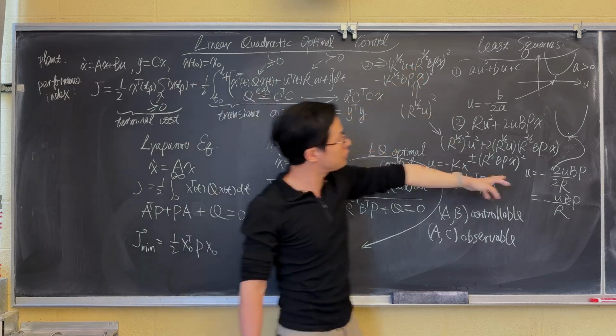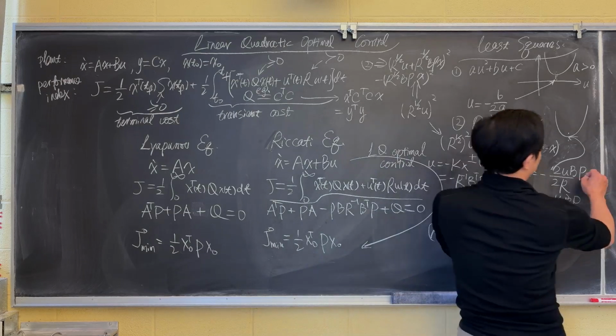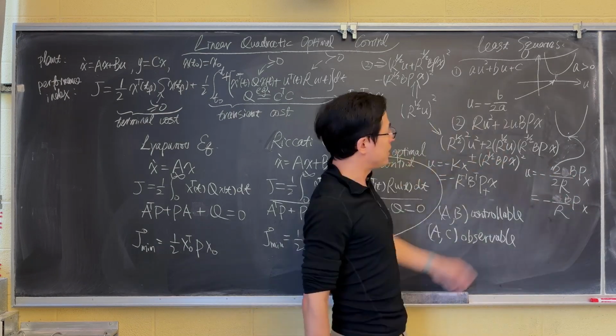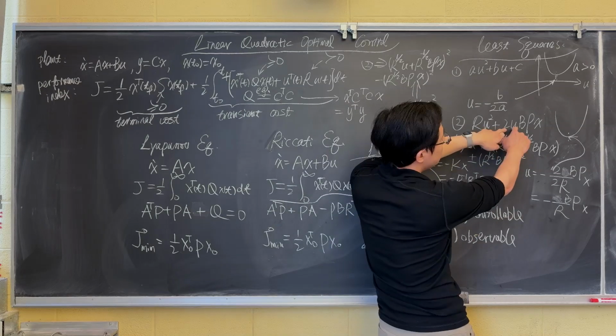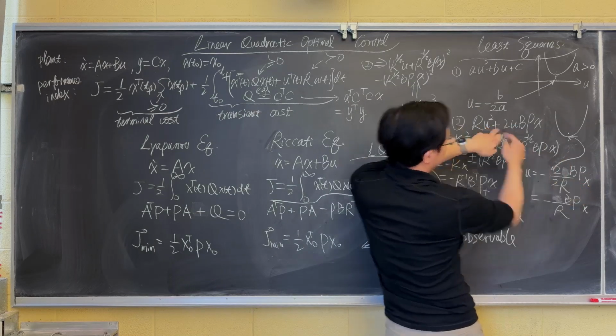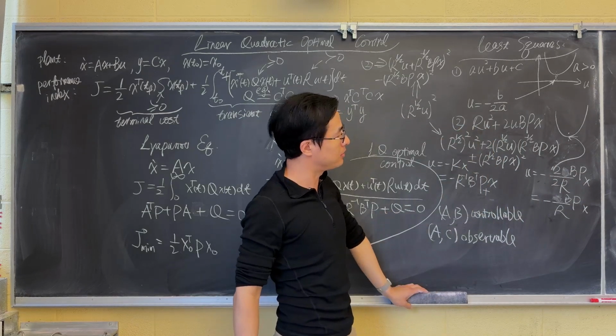So if you choose U to be this, then there will be an X over here. Yeah, that's a typo. So it's the negative of the coefficient of U for the second term. So it's negative 2 BPX over 2 times the coefficient for the square term. So that's a small typo over there.